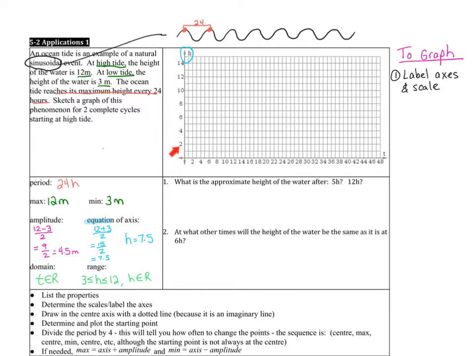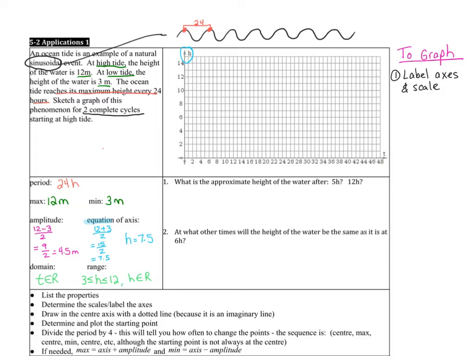The y, you'd have to know, of course, what the maximum and the minimum were. So you'd have to make sure that it showed 3 and it went up to 12 at least. For the x scale, you would need to know what the period is, which is 24 hours, and you would need to know how many complete cycles there are. So because we want 2 complete cycles and each cycle is 24 hours, you would need to make sure that your x-axis goes up to at least 48.